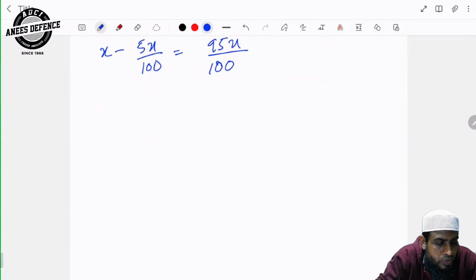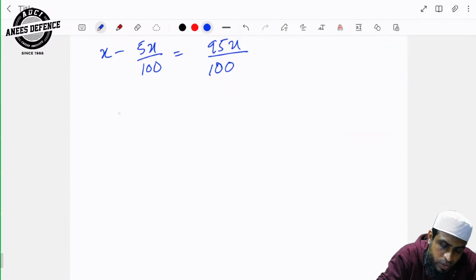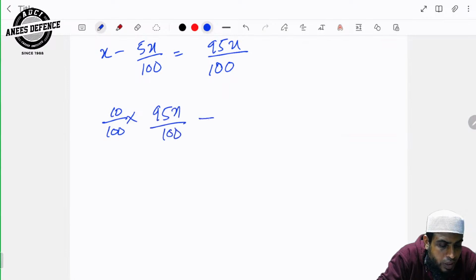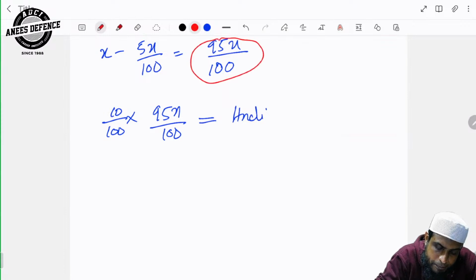So in this, 10% of the remaining books are in Hindi. So 10% of the remaining books are in Hindi, so you have to consider these remaining books.